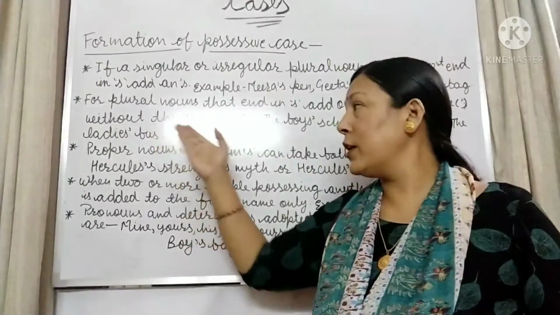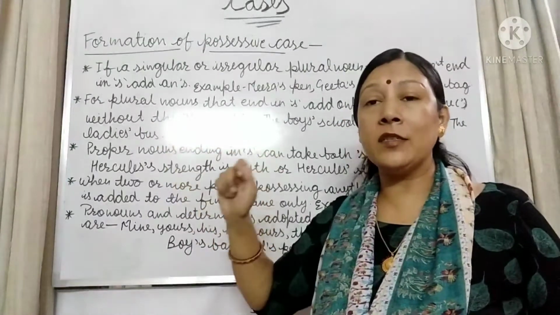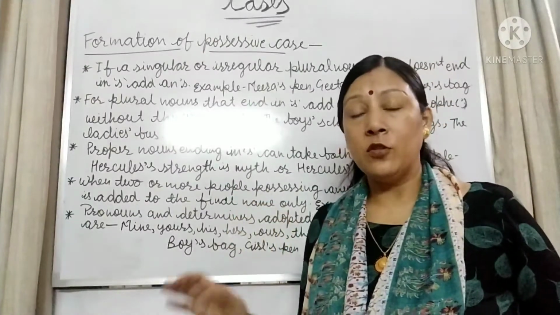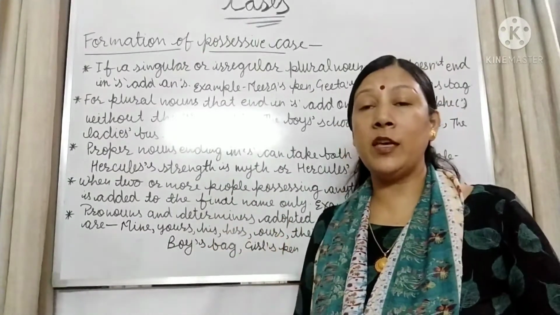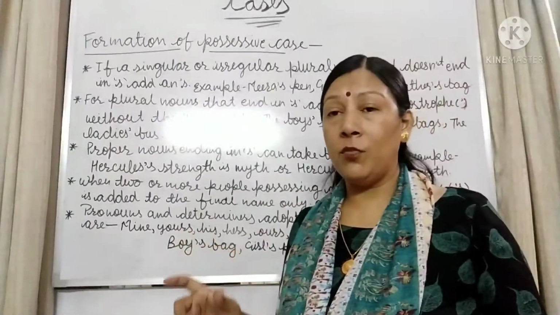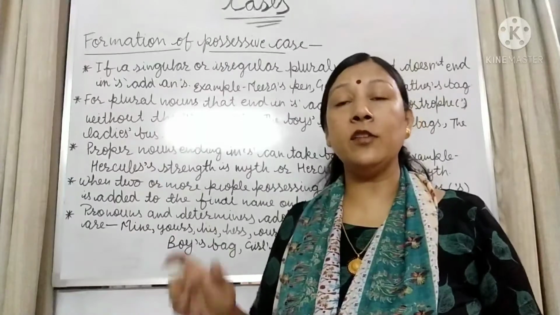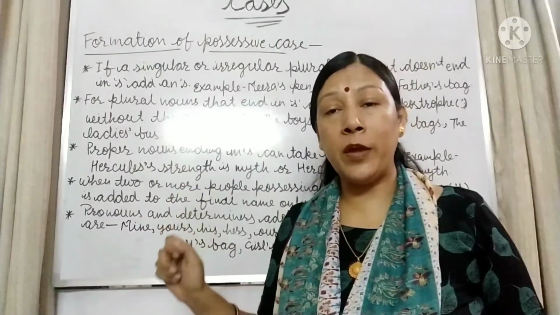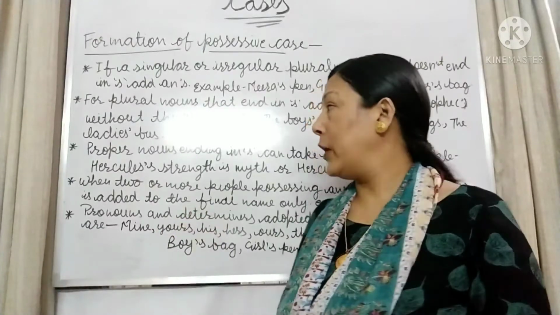That's why you can see that here it is just written apostrophe without using s. So this is the way: whenever you see that the word is plural and ends with s, you will just put an apostrophe to make it possessive case.